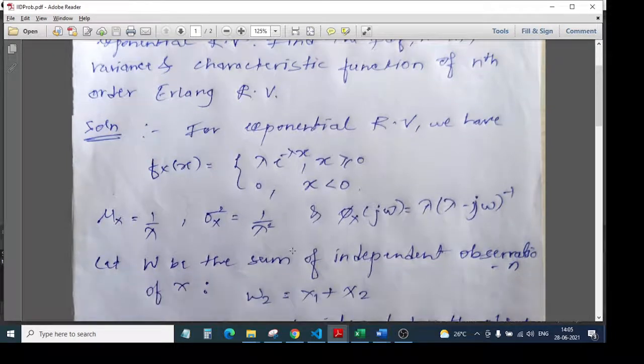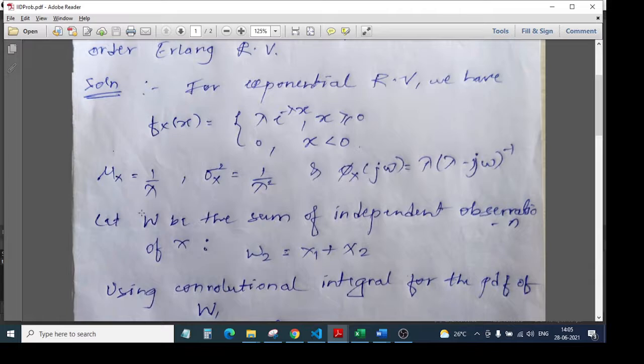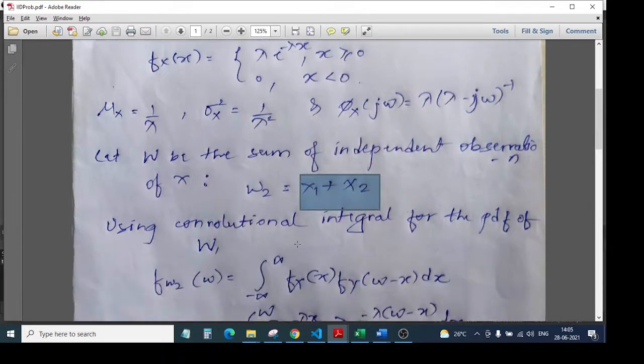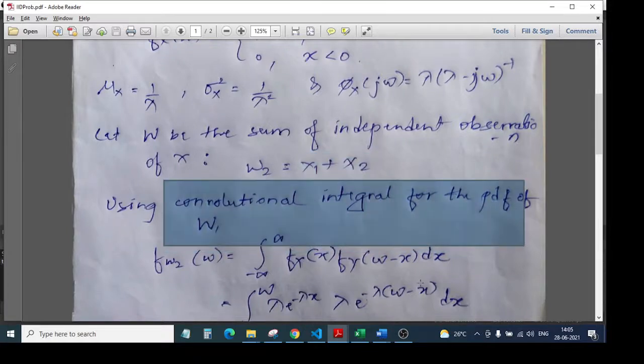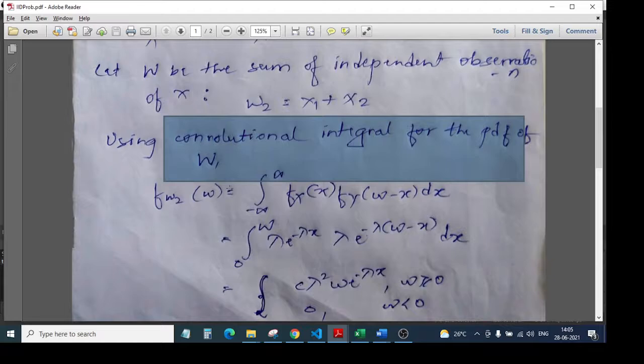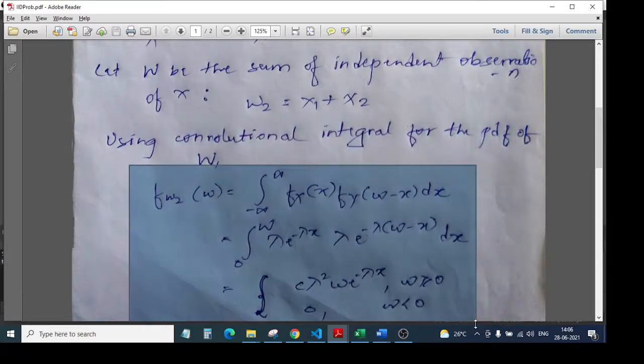Now moving ahead, let W be the sum of independent observations. Then we write W equal to X1 plus X2. Using the convolution integral for the PDF of W, we will be solving the problem. Whatever I am telling in this problem, I have just reproduced from the previous problem which I have covered.